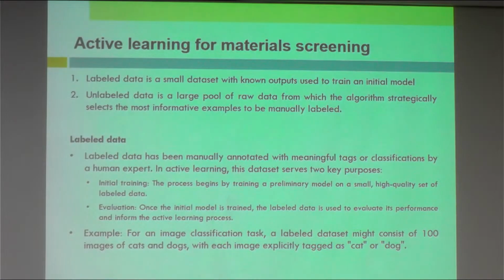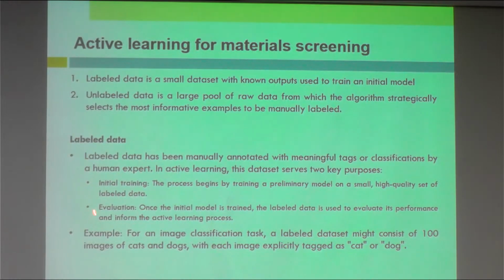In active learning, this data set serves two key purposes. Number one, initial training. The process begins by training a preliminary model on a small, high-quality set of labeled data. High quality meaning the data is accurate and within the scope of information required. So this is for initial training.